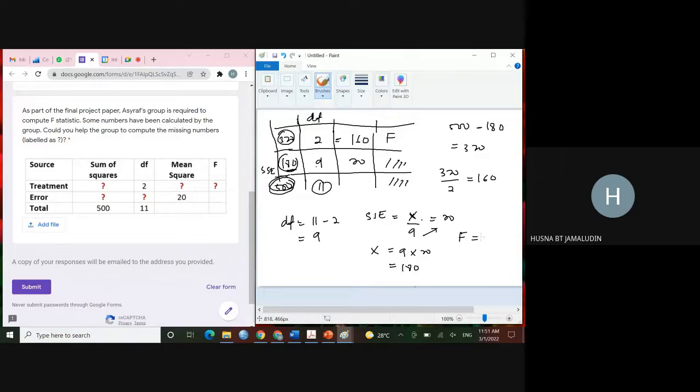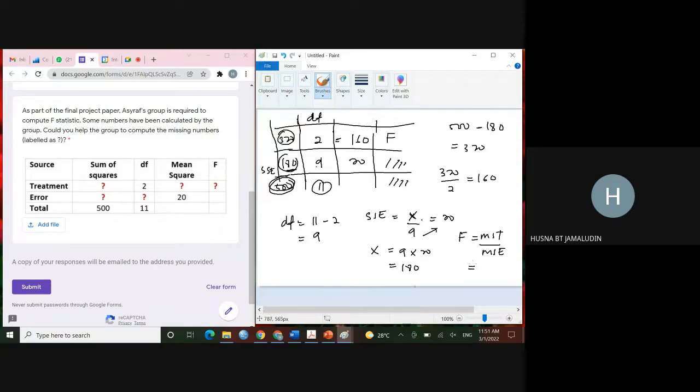What is the formula for F? MSE? MST divided by MSE. Okay. MST divided by MSE, isn't it? Because I don't memorize your formula.